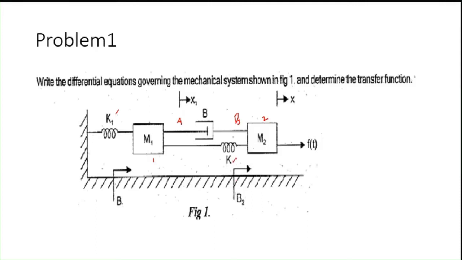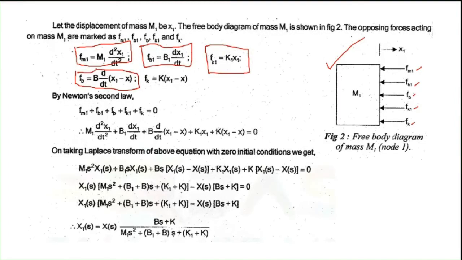We have to consider two displacements. At one end there is a displacement x1 and at the other end there is a displacement x. Then what will be the force equation? K into x1 minus x. Yeah, very good. K into x1 minus x. So this is the force equation for the entire terms.